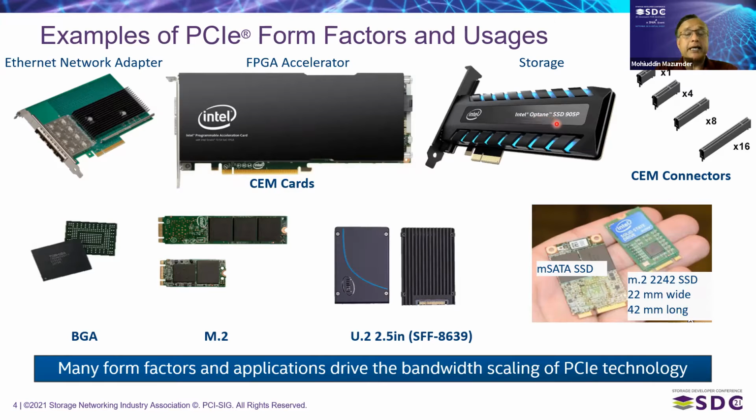Similarly, other applications like storage are coming into those form factors, and you have by 1, by 2, by 4, by 8, by 16, all these form factors to meet the various demands of bandwidth. Similarly, PCIe comes in form factors like BGA to enable a much smaller and more compact form factor for mobile usages and other such usages. U.2 provides the hard drives. So all of these form factors will be demanding various types of overall bandwidth.